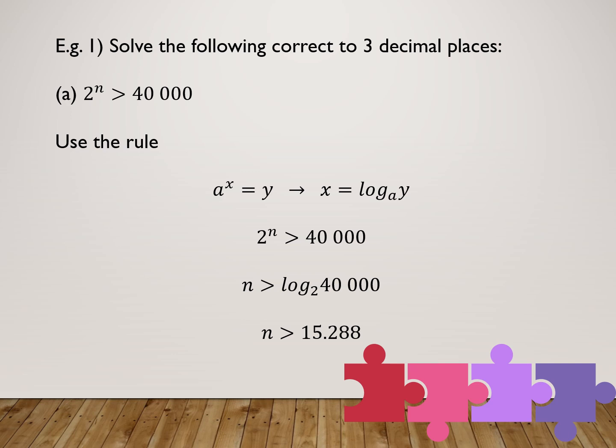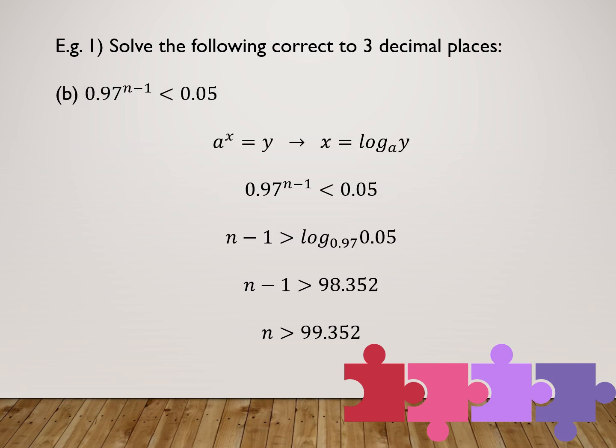Because it's base 2 and the log of a number greater than 1 is positive, when you move it to the other side and change it from an exponential to a log, it becomes n is greater than log base 2 of 40,000. The symbol stays the same, and so we get n is greater than 15.288. We're not coming up with an exact n in this case, so we'll just leave it as greater than 15.288.